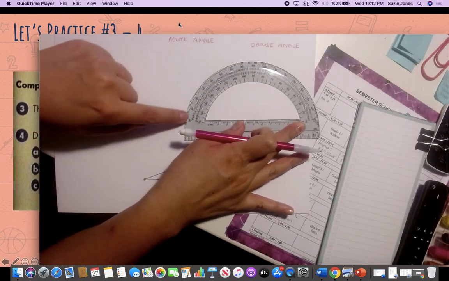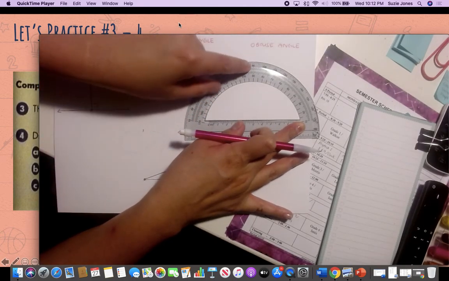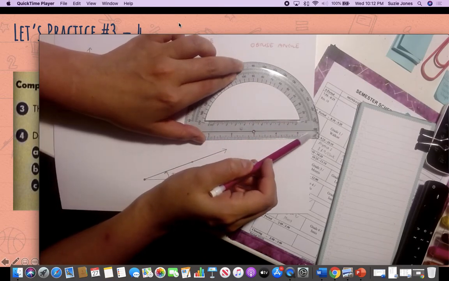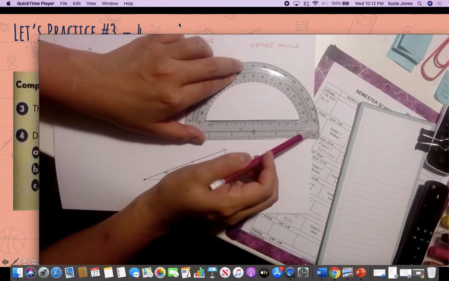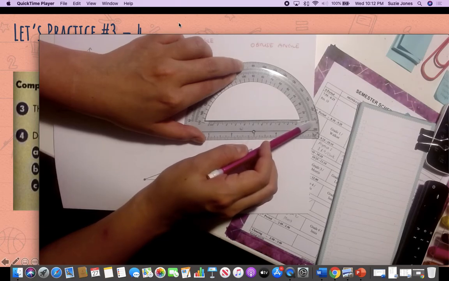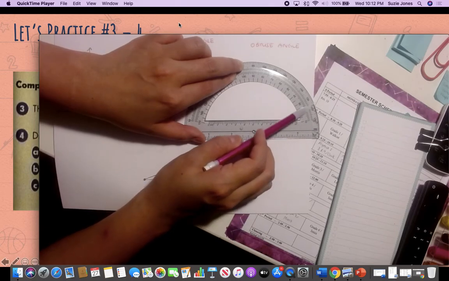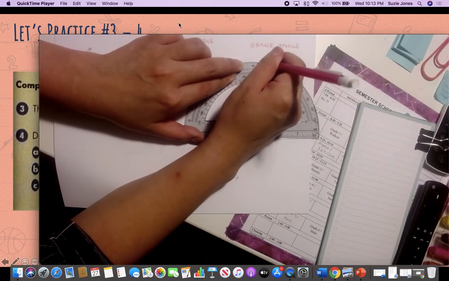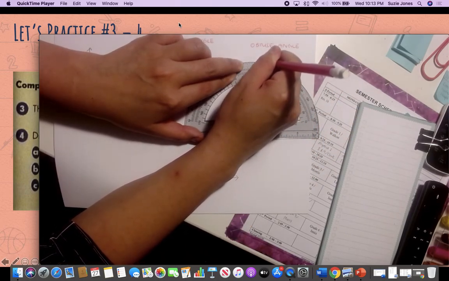An obtuse angle is any angle that's between 90 and 180 degrees. Now I don't think I can draw a point here because it goes outside of my paper. So maybe I'll do it at 95 degrees actually, right here.